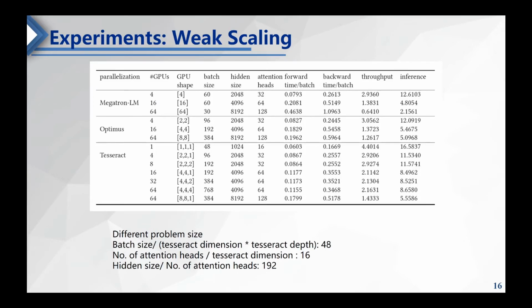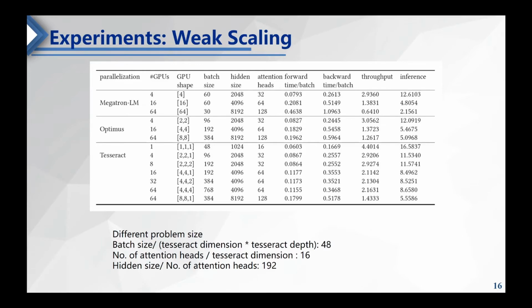In the weak scaling setting experiments, the parameter setting depends on the individual arrangement of GPUs in order to allocate the same problem size on each GPU. As shown in the table, for all three different structures, we set the corresponding hidden size and number of attention heads to get a fixed size of input parameters.